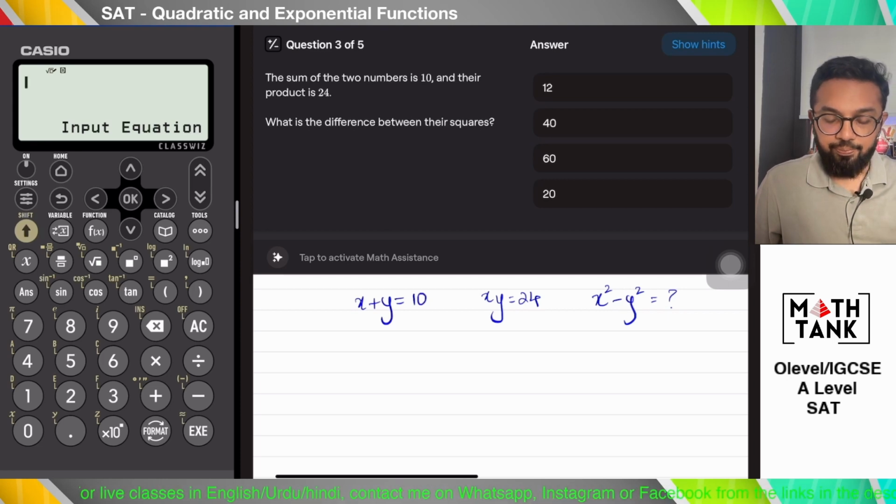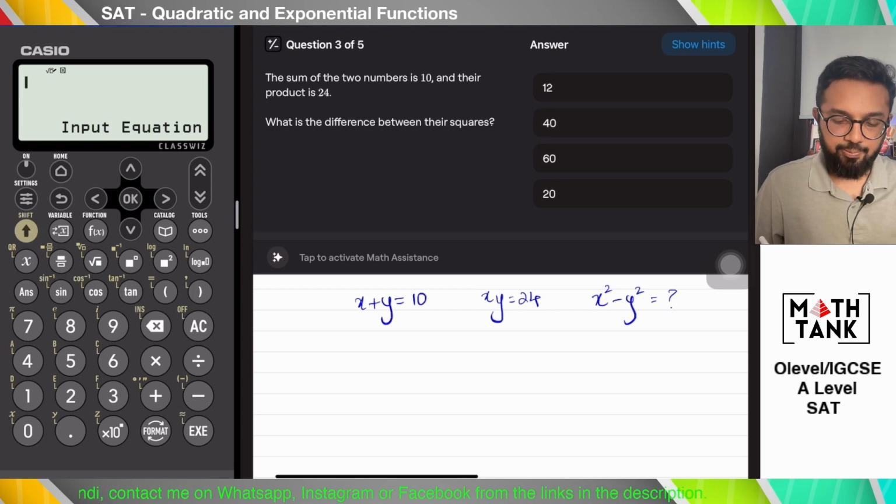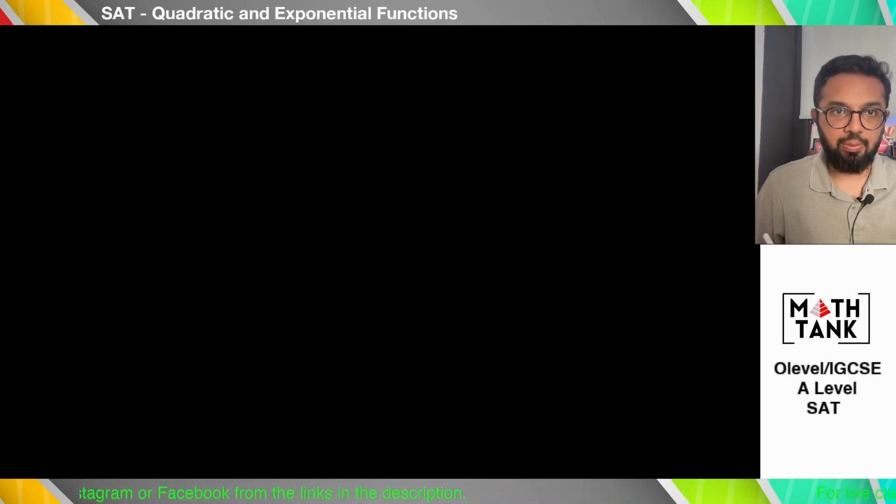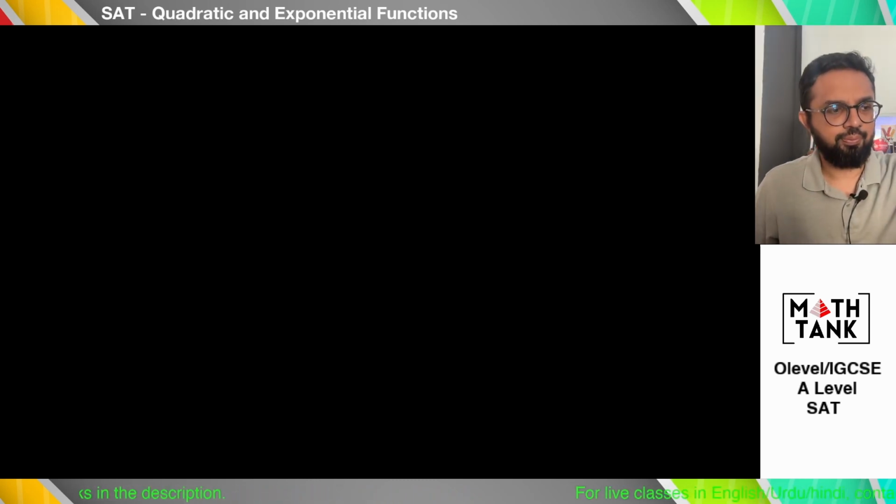Although this question is sort of, I can do it by taking a substitution and solving. I can say that x equals to, sorry, my screen's gone away.